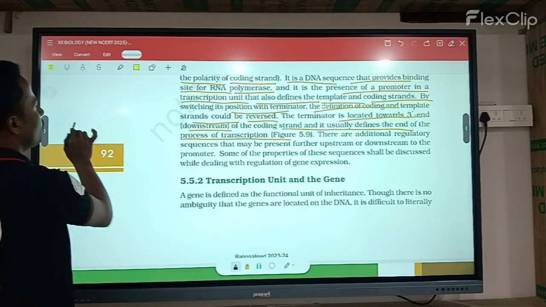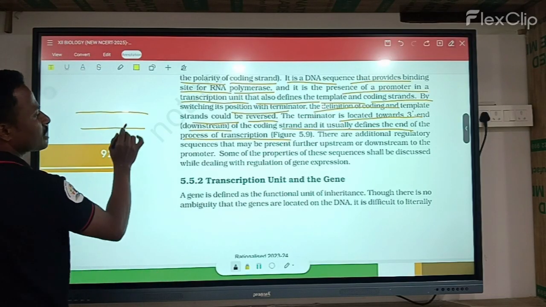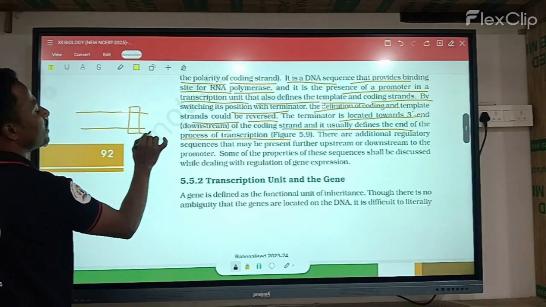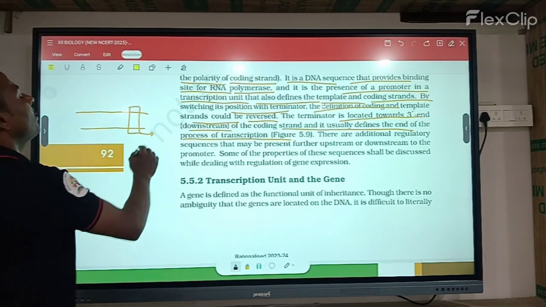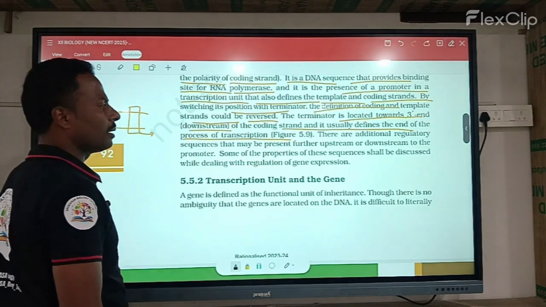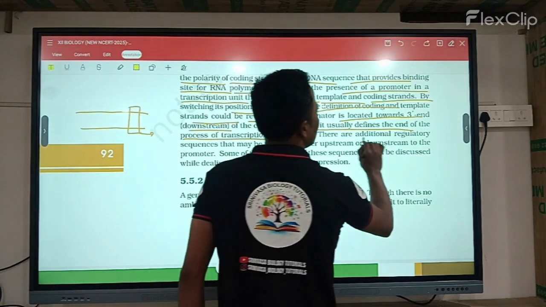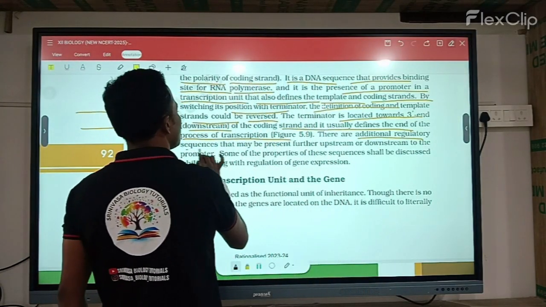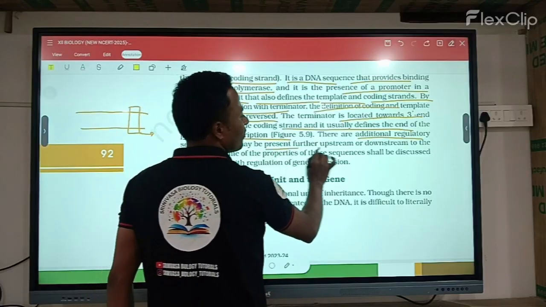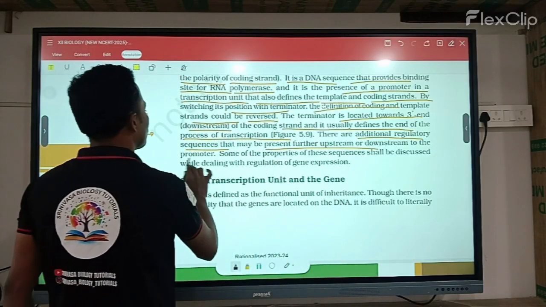So in the transcription unit, the terminator region is present, in the 3 prime region. There may also be additional regulatory sequences, present upstream or downstream of the promoter.